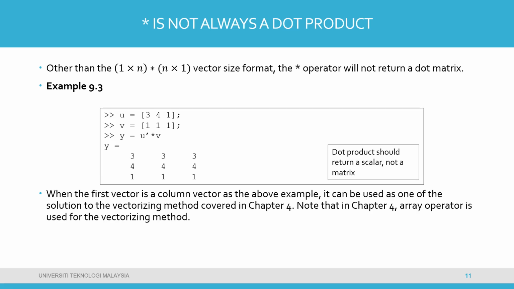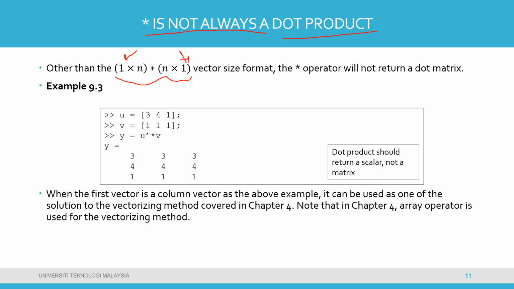Remember that I said star is a multiplication when you have some value here, if not 1. That one I forgot to mention. So dot product is basically only this type of matrix. The function needs to be a vector to produce a dot product.